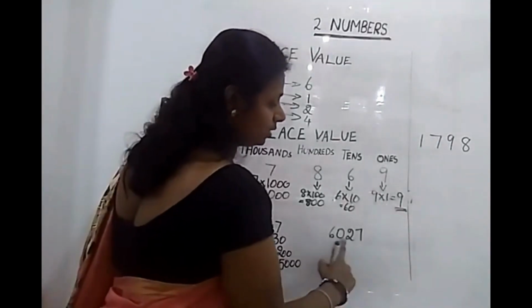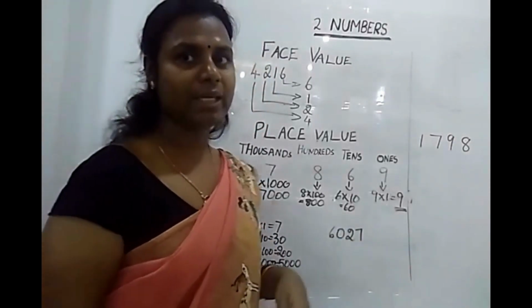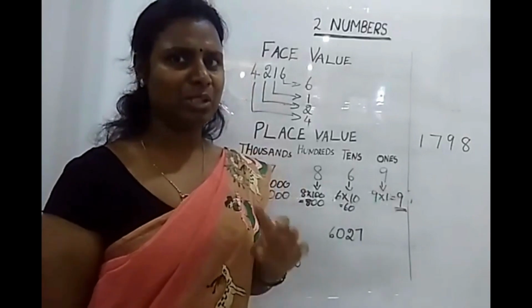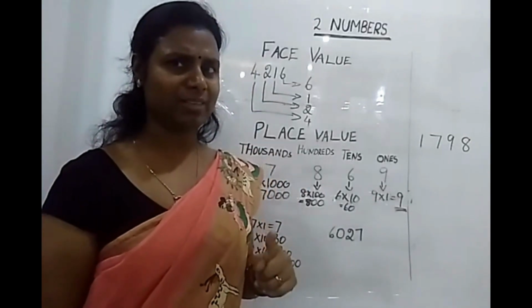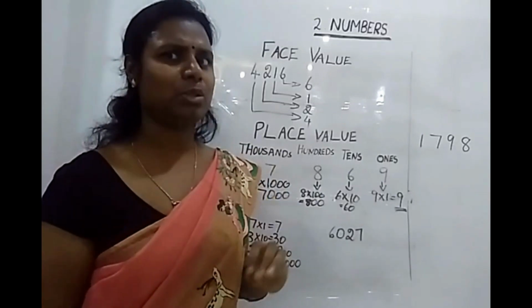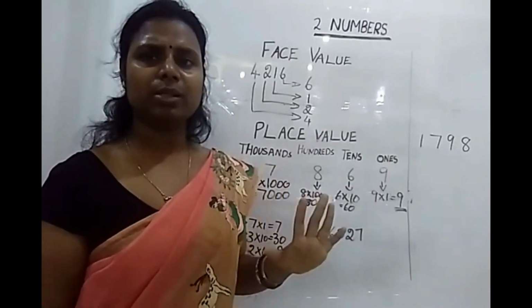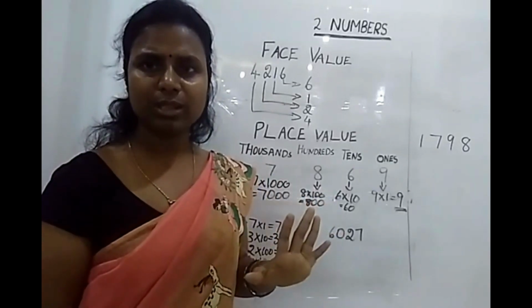Now, 6,027. In hundreds place, there is 0. Always 0 has a special character, isn't it? So, we have to pay special attention to 0. Whenever we multiply by 0, we get 0. Isn't it so?